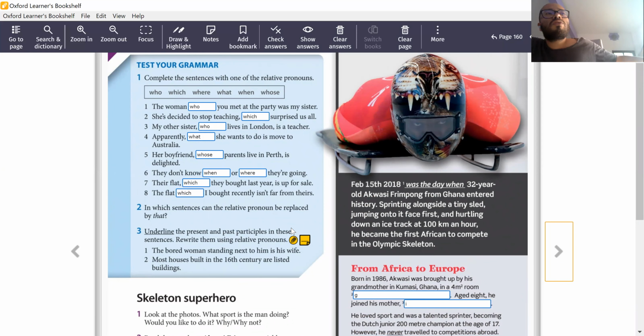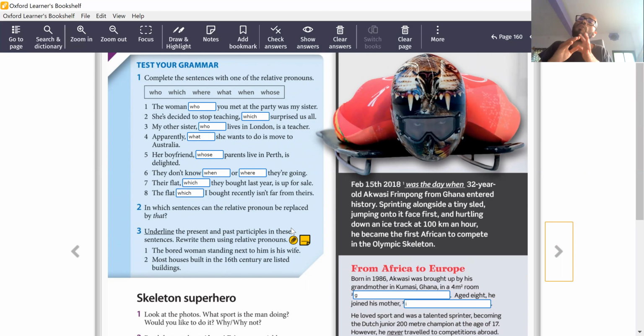On the other hand, if you don't want to use relative pronouns, you can make a sentence shorter. With that, we use verbs with past participle or present participle. The woman standing next to him is his wife. That means the woman who is standing or who was standing.